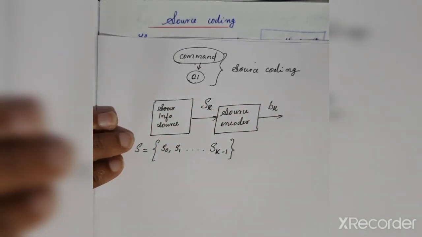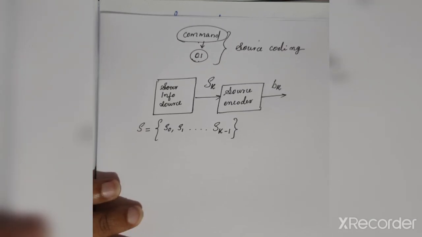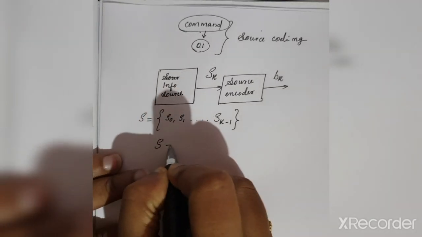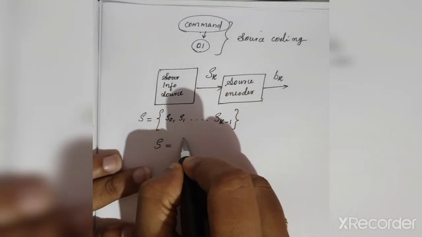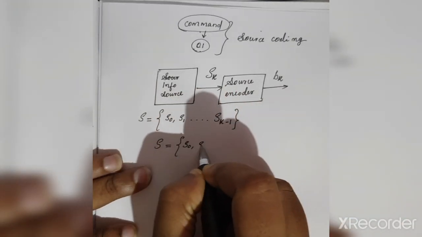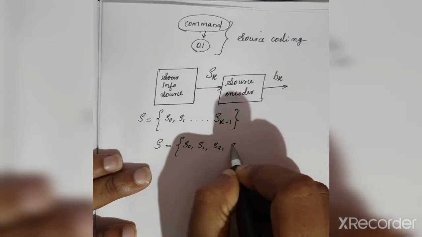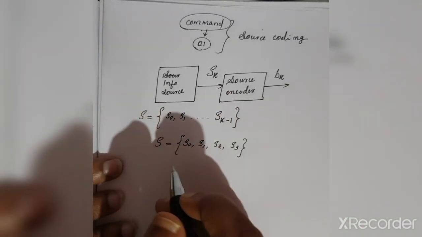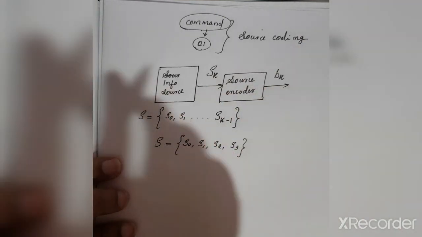Let me take a simple example of an information source whose alphabet contains 4 symbols: S0, S1, S2 and S3. We can make it a tabular representation.